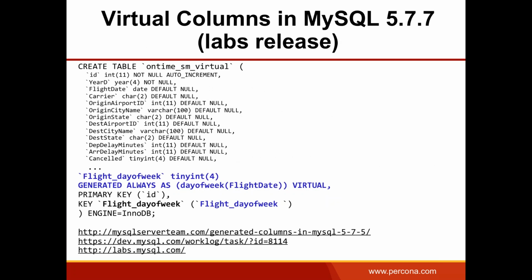But what if we were able to index a field but not store it? That feature is called a virtual column or generated column, and it is available in the MySQL 5.7 labs release. That is a really cool feature and really useful for many applications. So what we do here is we declare an additional column, and we declare it as generated always.